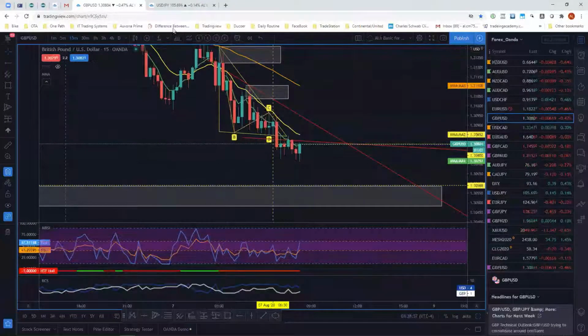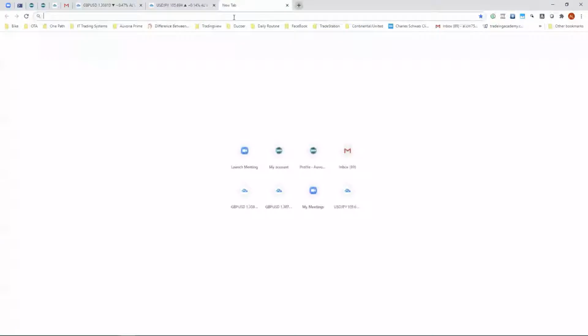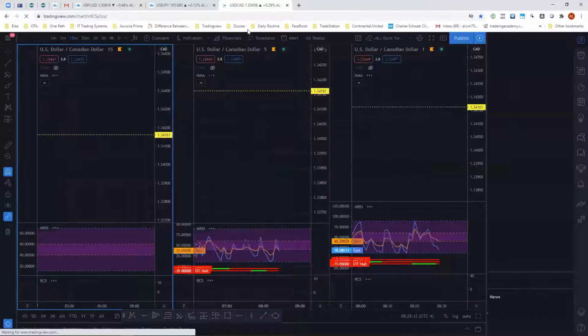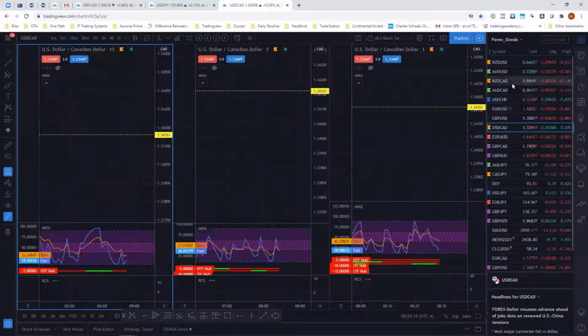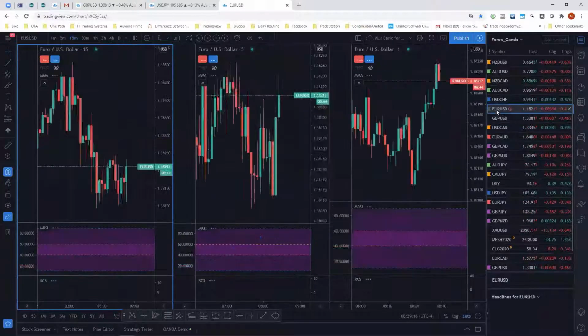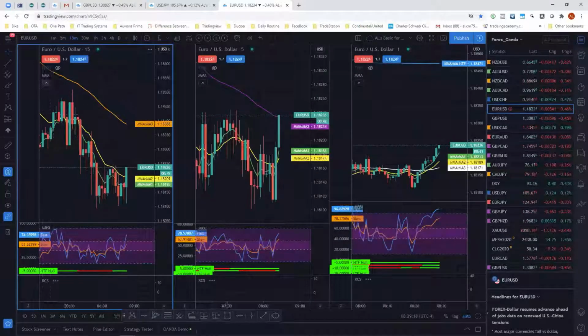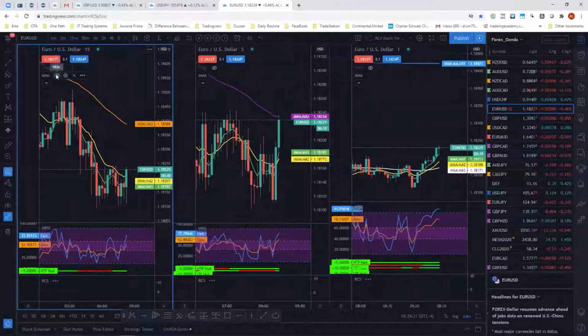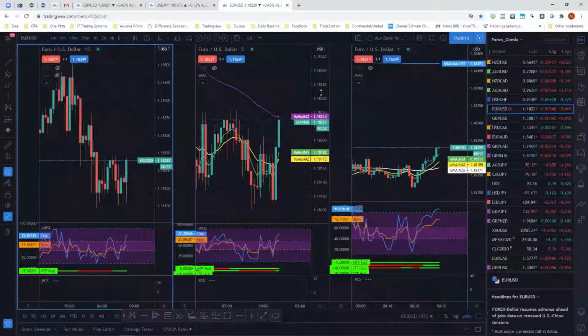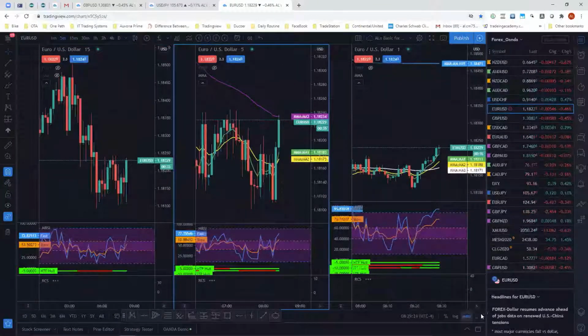Let's take a look at the Euro US while we're waiting for it, because a lot of times, since that was a US pair, that may be worth taking a look and see how it reacts to the news announcement. Might be a good learning experience. I'll take all these charts off here, and we'll just look at it on a 5-minute chart.